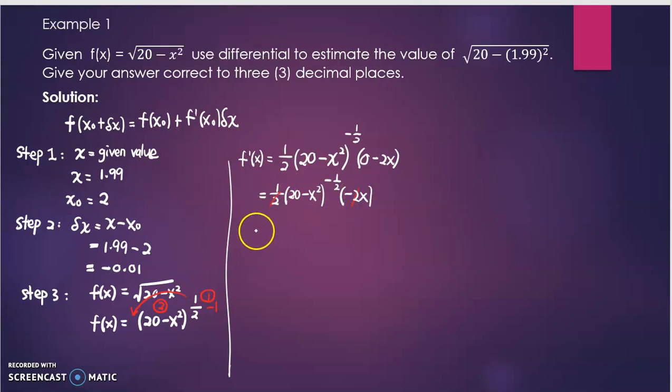Finally, I have negative x times (20 minus x squared) to the power of negative 1 over 2. Since we have the negative index, I have negative x over the square root of 20 minus x squared. Now I have found f'(x).